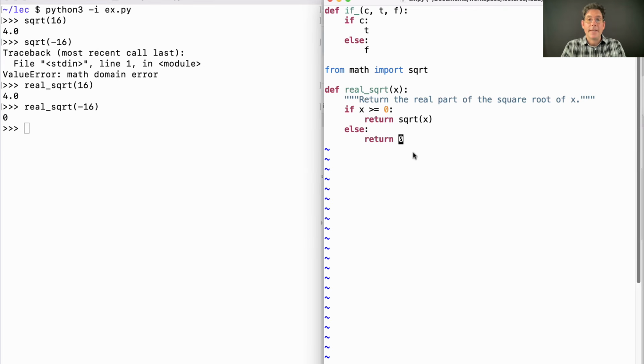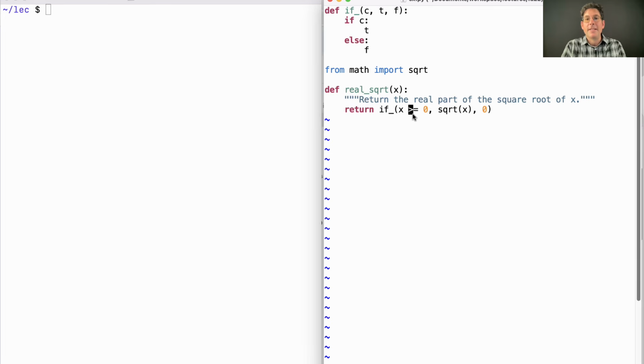What if instead we took the components of this if statement and converted it to a call to our if function? If x is greater than or equal to 0, then we want to take the square root of x. Otherwise, we want to return 0. We could return the result of this and replace this conditional statement with a call.